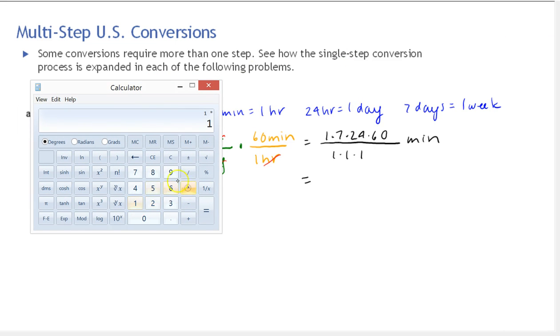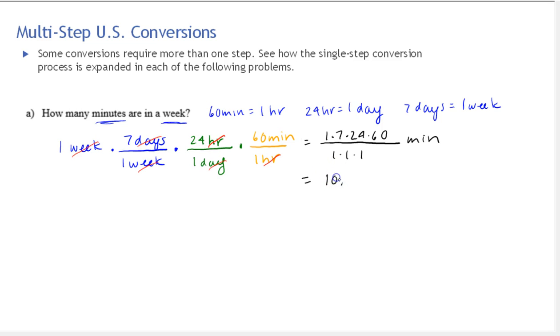So 1 times 7 times 24 times 60 gives us 10,080. And that's over 1, so that's just itself. So 10,080 minutes.